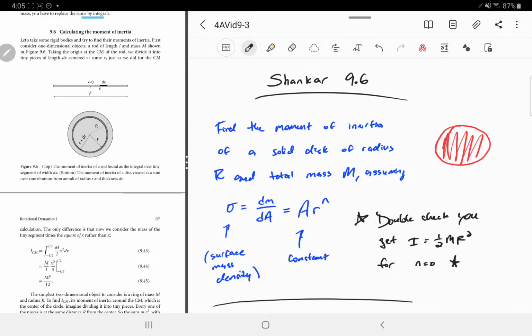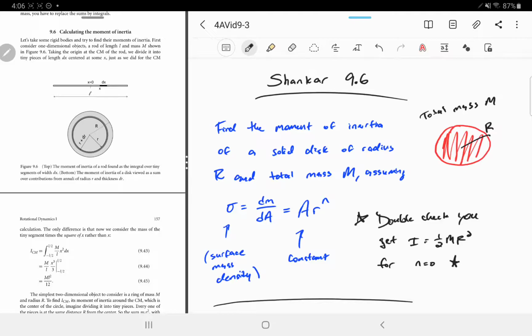We want to calculate the moment of inertia for a solid disk of radius r and total mass m. But the mass isn't necessarily uniformly distributed. To keep track of how the mass is distributed, we have this function called the surface mass density. Because mass is spread out over 2 dimensions, we talk about the mass per unit area.